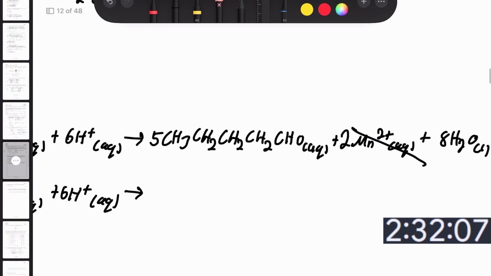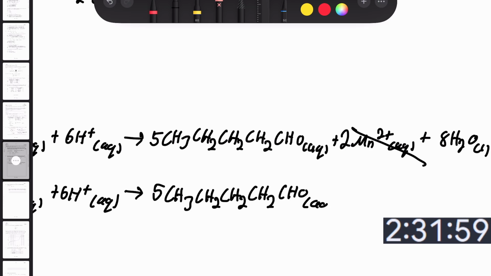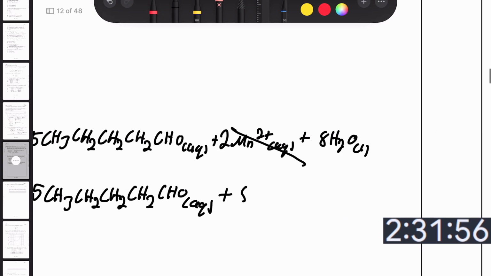This is going to form my aldehyde, so 5CH3, CH2, CH2, CH2, CHO, aqueous, plus 8 waters, H2O, liquid.